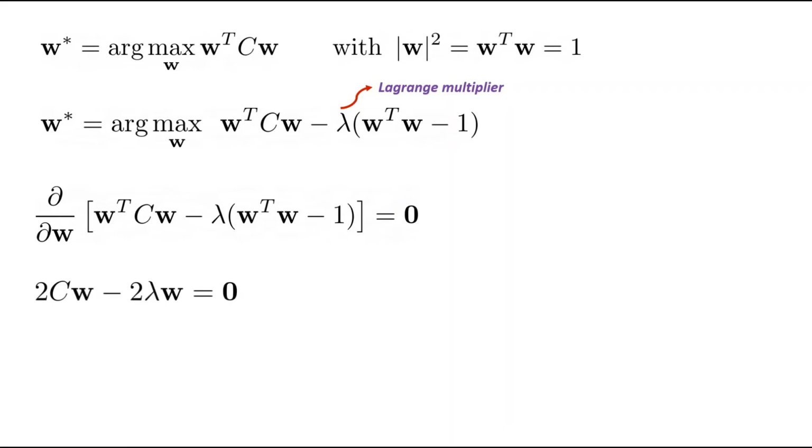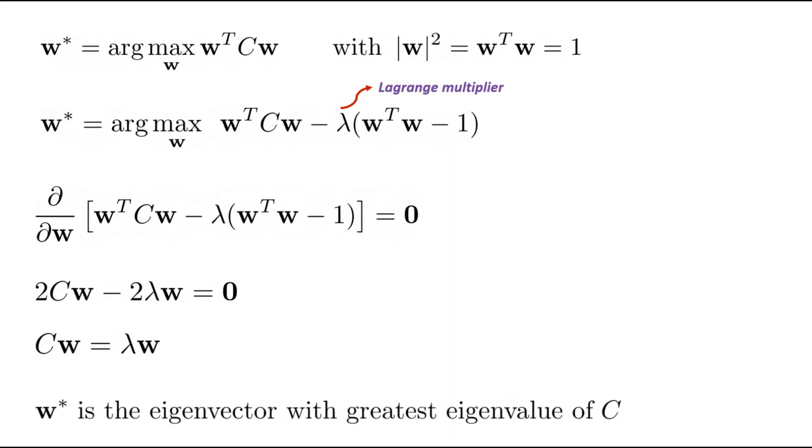And after differentiating and rearranging, we get the solution Cw equals lambda w. Therefore, w star is the eigenvector that corresponds to the greatest eigenvalue of the covariance matrix C. Note, the maths we have done here can easily be extended for the case where our dimensionally reduced space u is not a scalar value, but something with more dimensions.